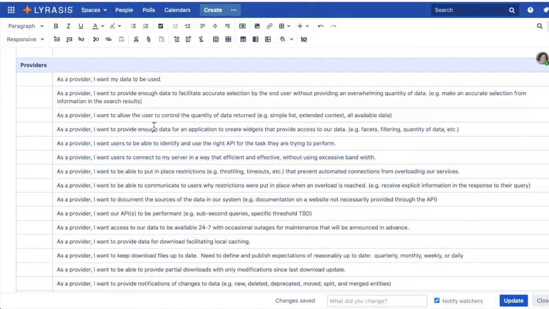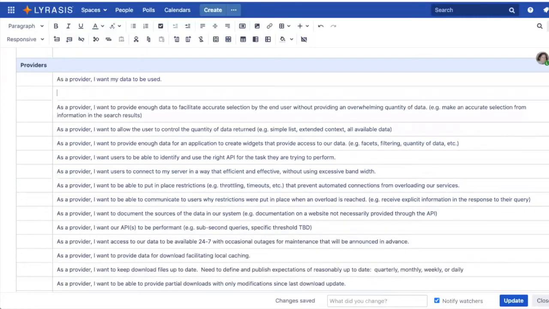I wonder if, along those lines, there would be a good user story that says something like, as a provider, I want to understand how my data is being used. Yeah.